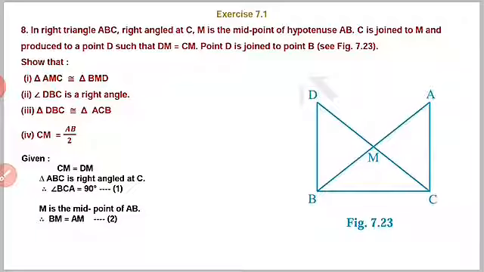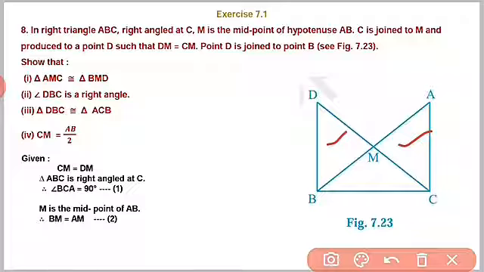So we can say that AC will be equal to BD by CPCT rule, as they are corresponding parts of congruent triangles and corresponding parts of congruent triangles are equal.